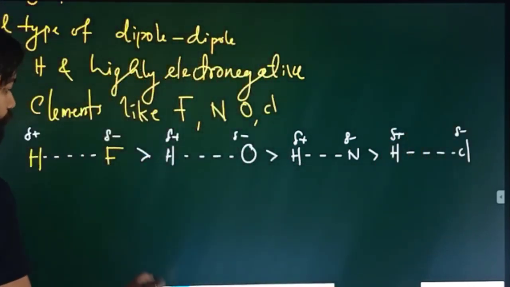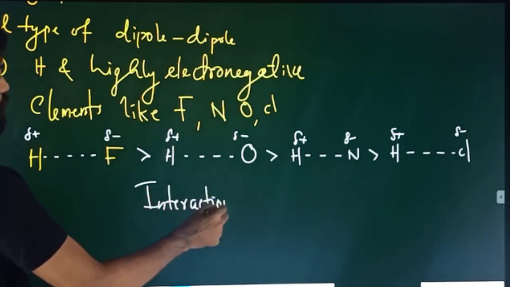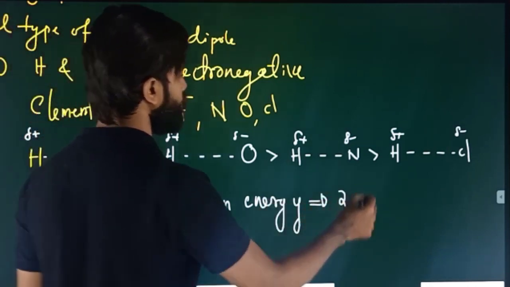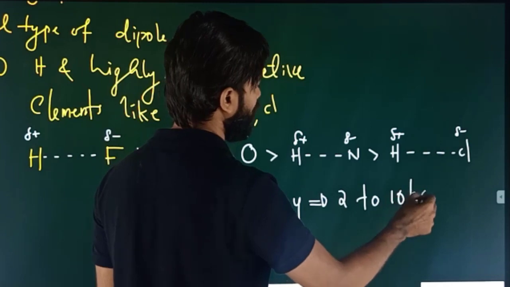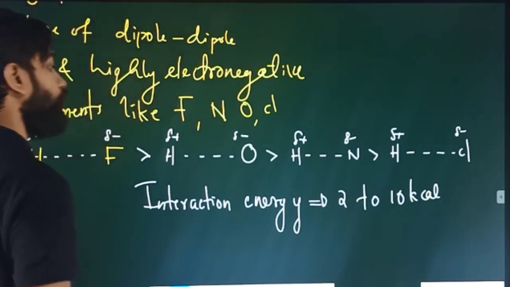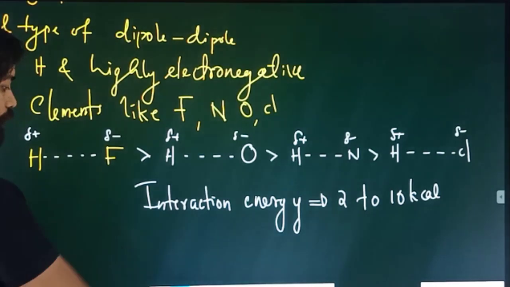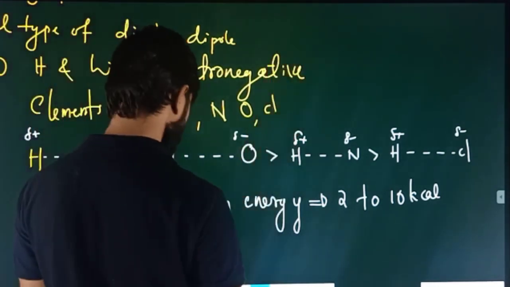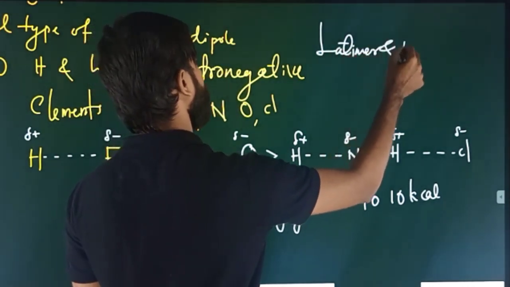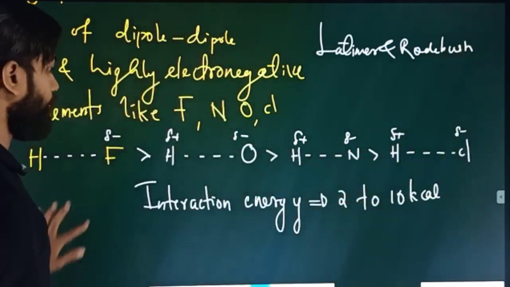The interaction energy varies from 2 to 10 kilocalorie per mole, which means 8.4 to 42 kilojoule per mole. This was introduced by Latimer and Rodebush.